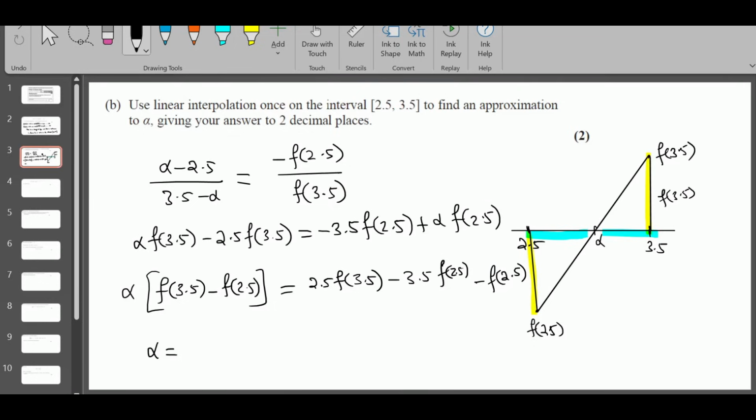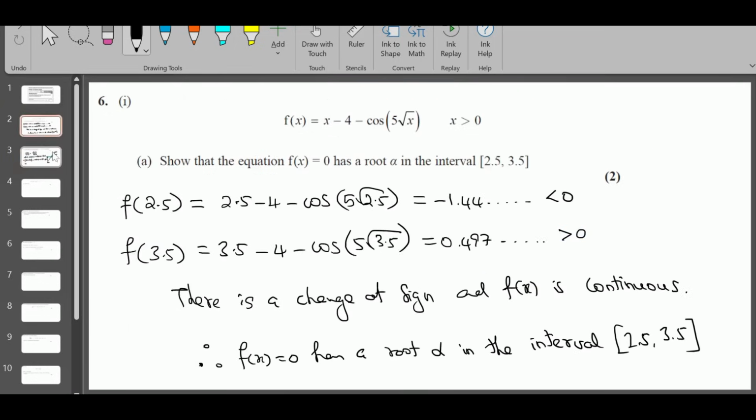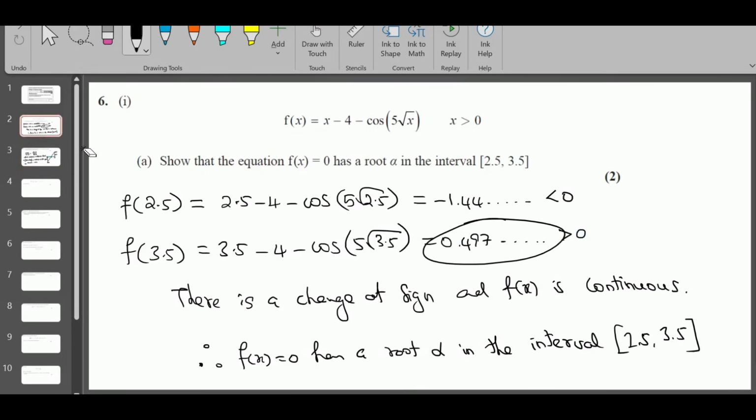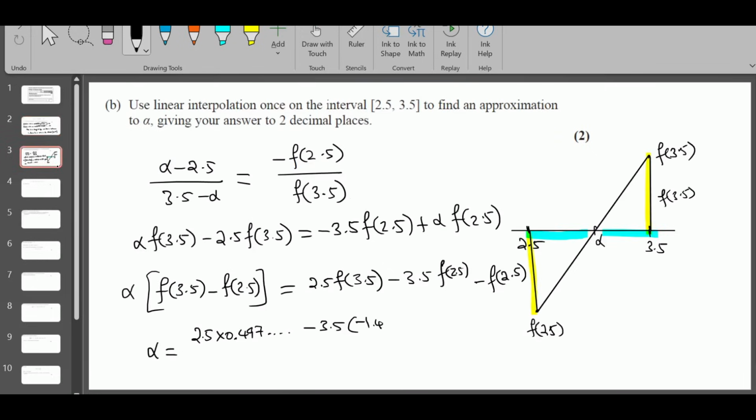Therefore, alpha is equal to... Now sub in the value of these functions. f of 3.5 is this 0.497, etc. So 2.5 times 0.497 dot dot dot minus 3.5 times f of 2.5, which is this minus 1.44 dot dot dot, everything divided by, when you bring this whole thing to the other side, it becomes the denominator, right?